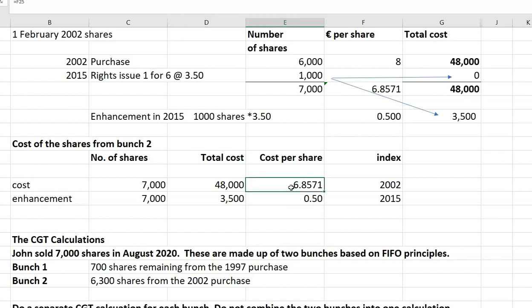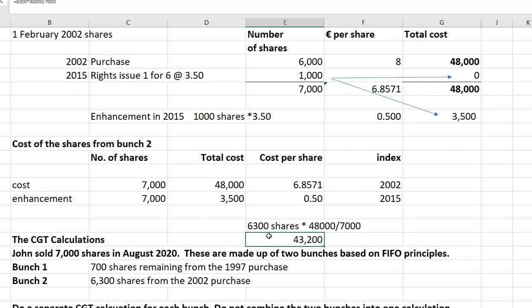The easiest way to get it is, I think, if we're selling 6,300 shares, to get the cost, you multiply the total cost divided by the total number of shares, and that gives the cost per share. So it's easier than multiplying by, it'll give you the exact figure instead of using the cost per share, because people can round it up and then they get a slightly different answer.